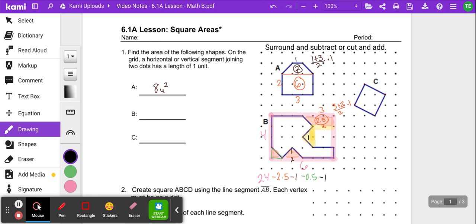And then I've got the square 2 times 2, which is 4. So I'm going to take off 4 from there. Okay. So when I subtract all my numbers, 24 minus 2.5 minus 1 minus 0.5 minus 1 minus 4, we get to 15.